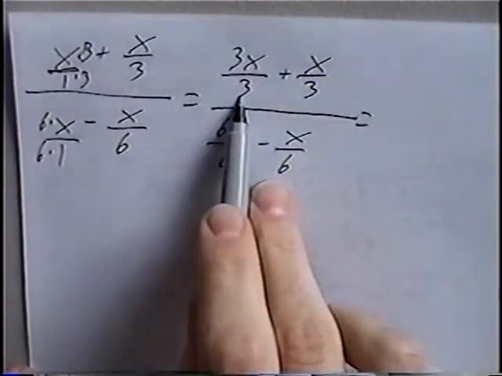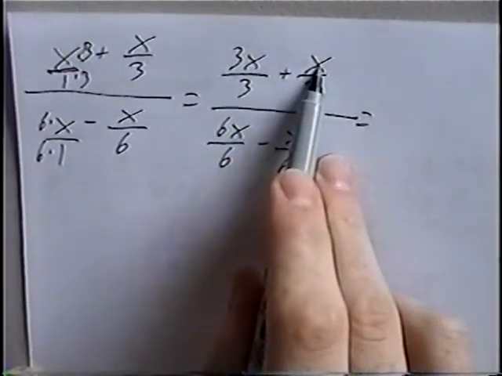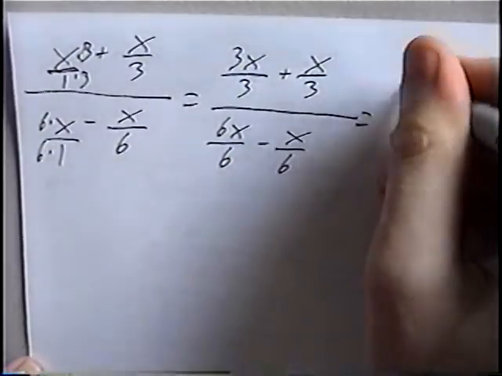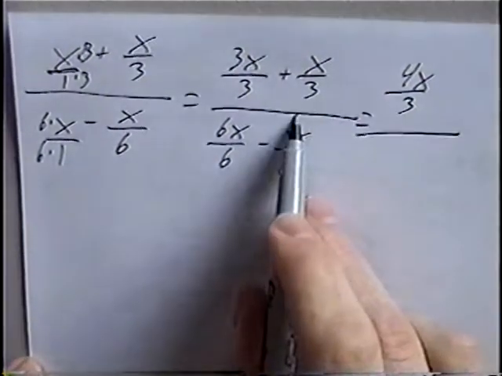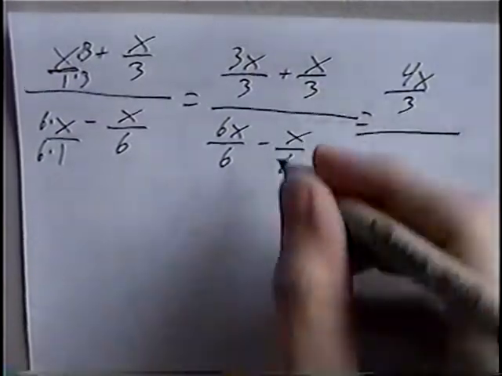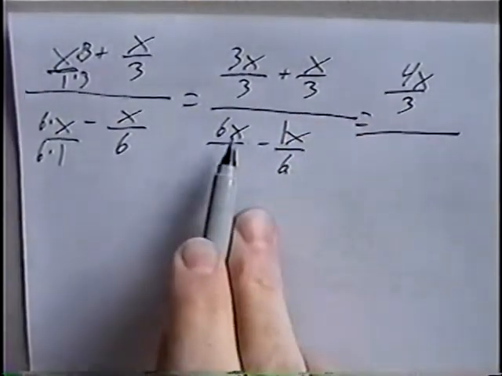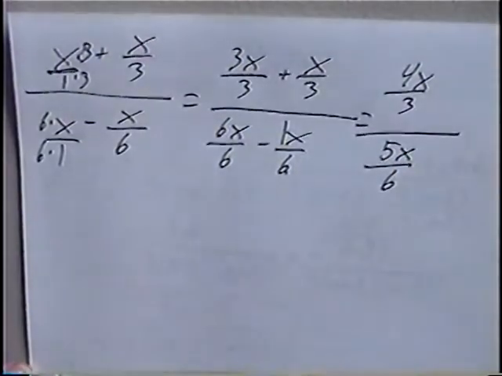Combining these fractions, again we have common denominators on these top two fractions. So 3x plus x would be 4x over 3. And then again the fraction line in the middle, 6x over 6 minus 1x over 6. 6x minus 1x would be 5x over 6.